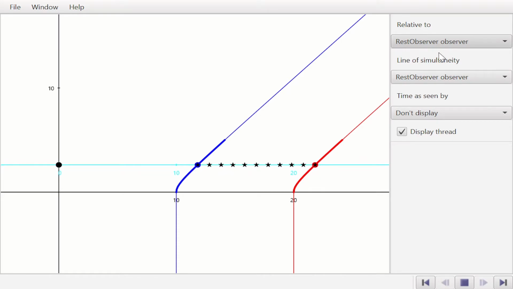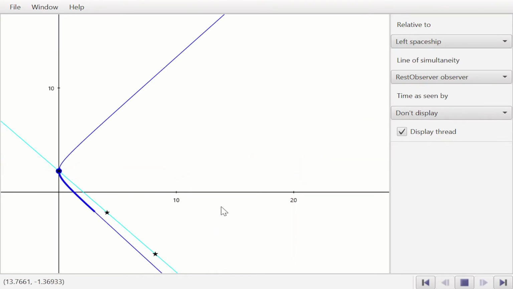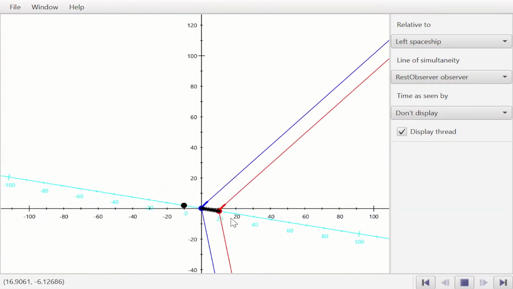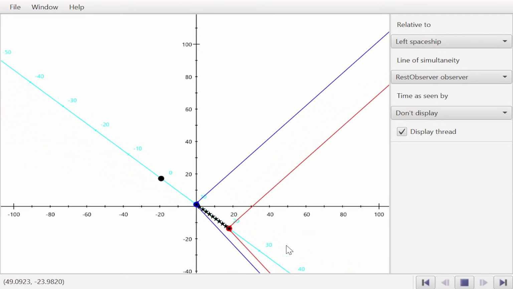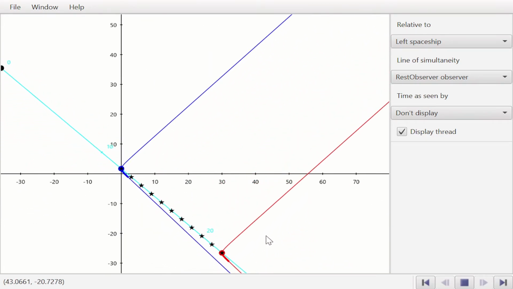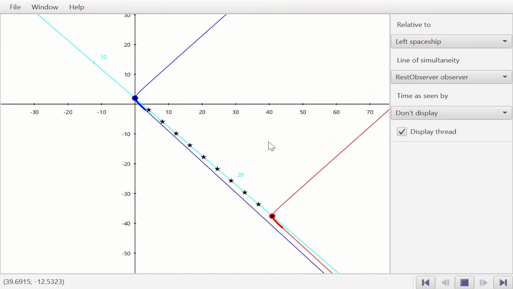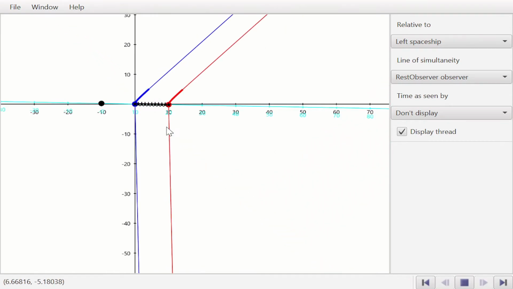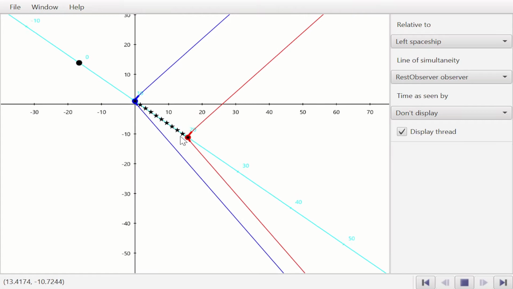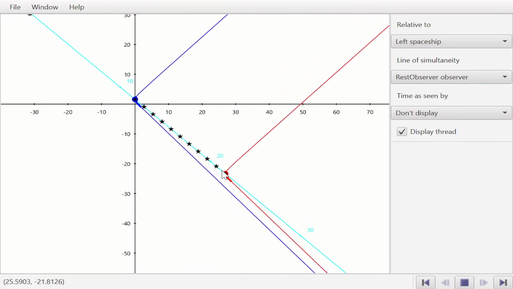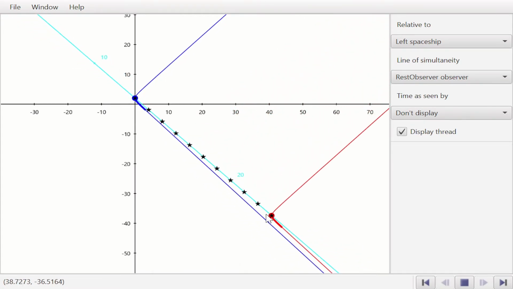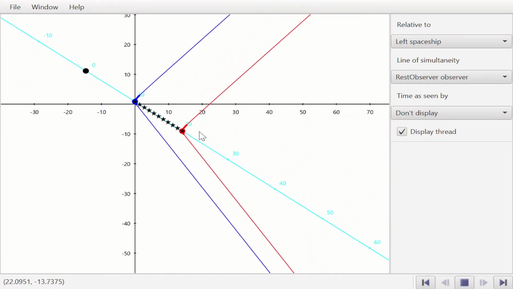Now let's look at it from the point of view of the left spaceship. When we keep the measurement along the line of simultaneity for the rest frame, you can see that the distance between points on the thread expands, and so the thread is stretching.